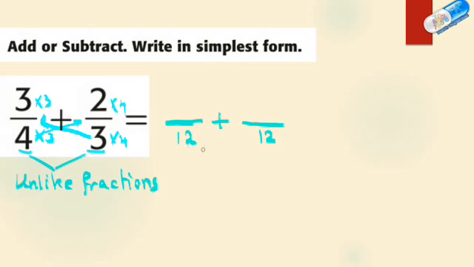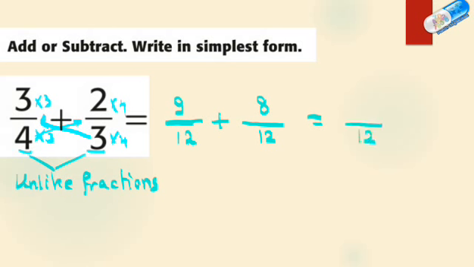So we got the same denominator. The numerators: 3 times 3 is 9, and 2 times 4 is 8. So what did we get here? We got an equivalent fraction for each of the original fractions, but with the new denominator 12, which is the common denominator.